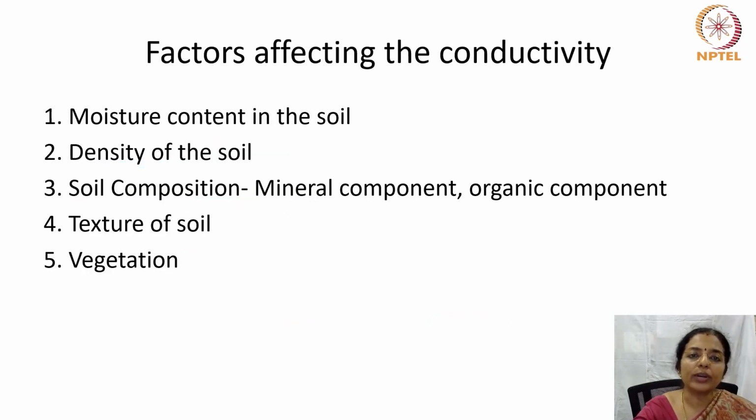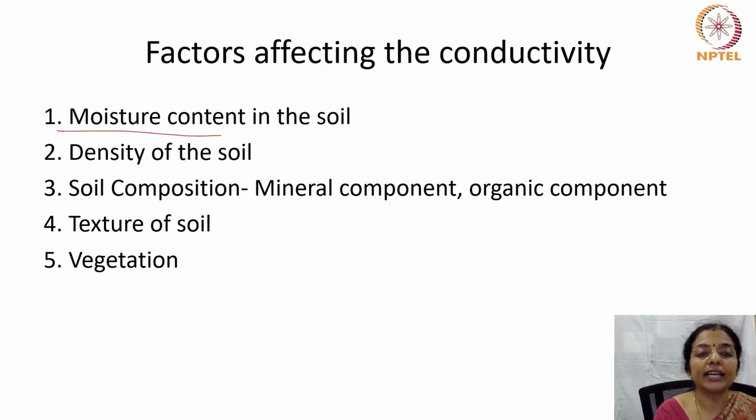Let us look at the factors affecting the conductivity. Conductivity of the soil can be affected because of the moisture content of the soil. What happens when the soil is very moist? Now the conductivity will not be the same as that of dry soil. The density of the soil is another important factor in understanding the conductivity.